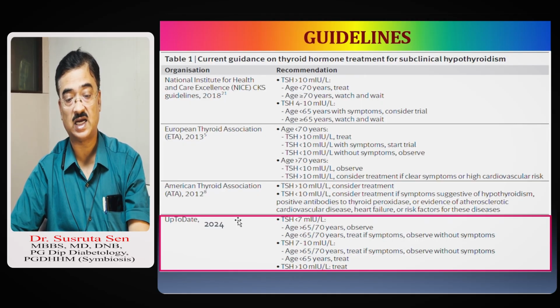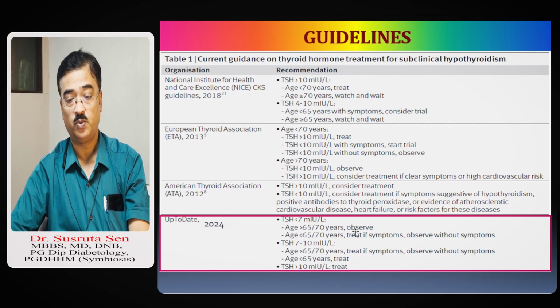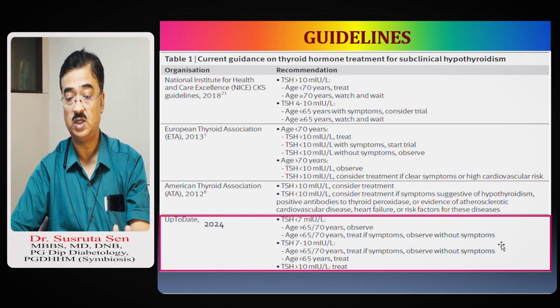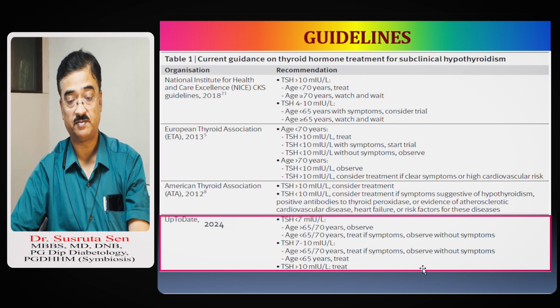There are several guidelines which keep changing one after another. But the recent guideline is: when TSH is less than 7 and age is 65 to 70 years, don't treat, just observe. Treat only if symptoms are present. Without symptoms, just observe.